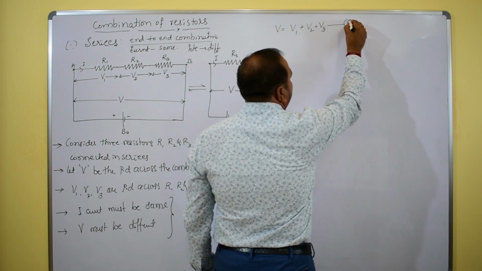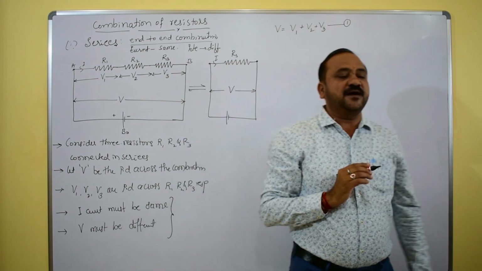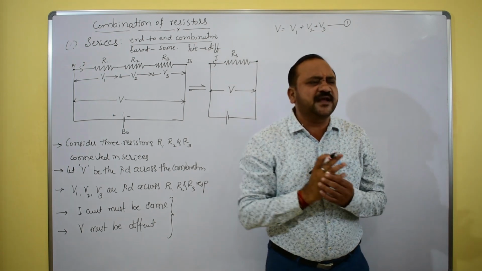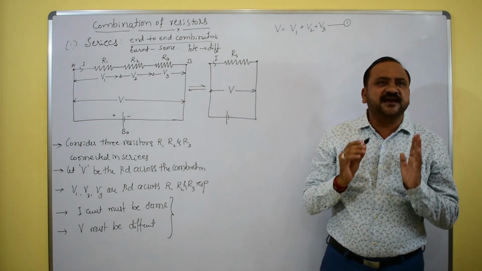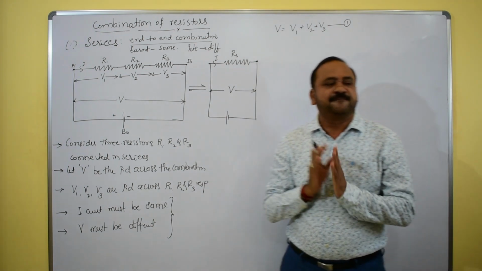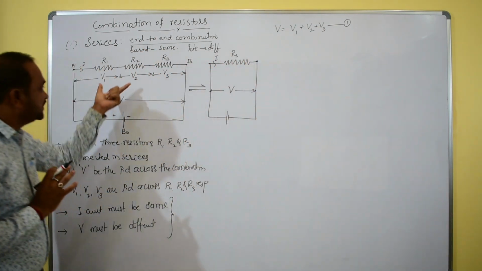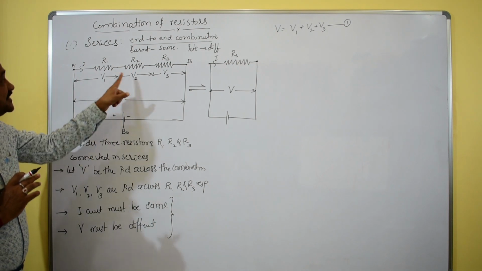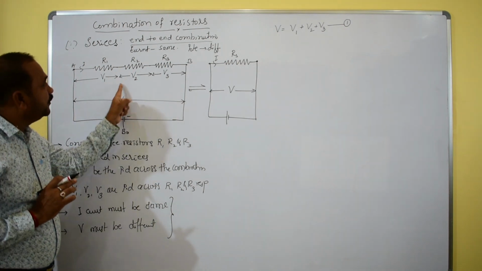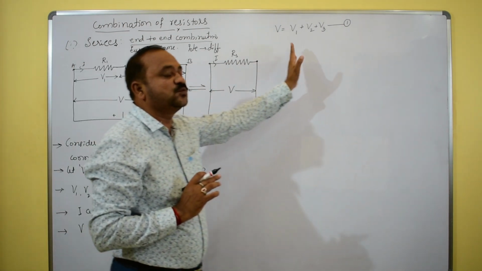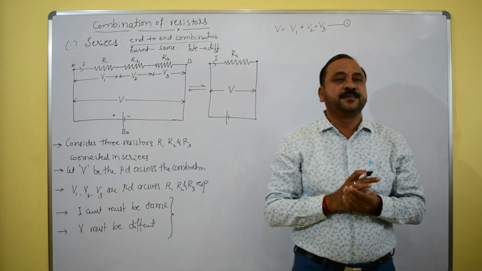We call that equation number 1. The potential is different across different resistances. That is what we are supposed to know. V equal to V1 plus V2 plus V3 is equation number 1.